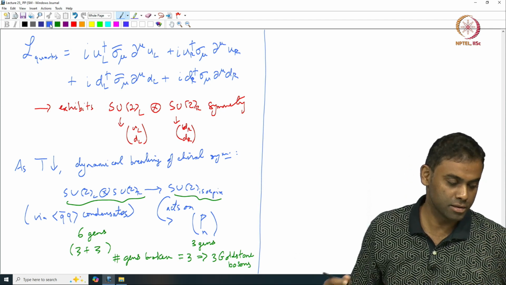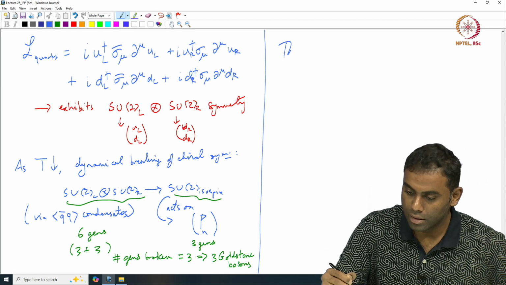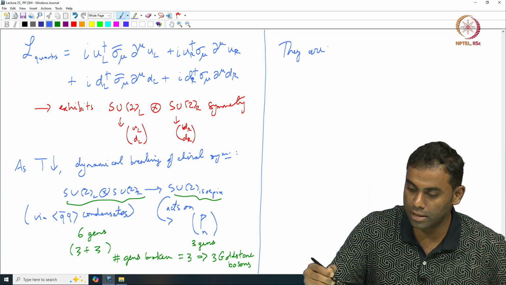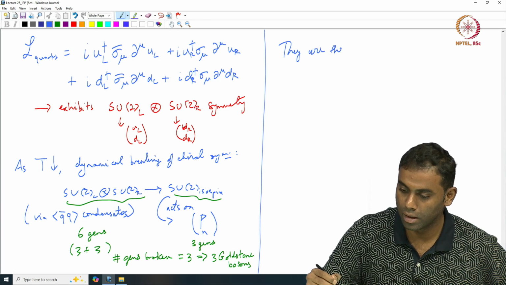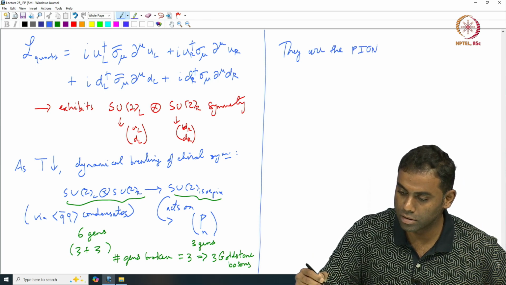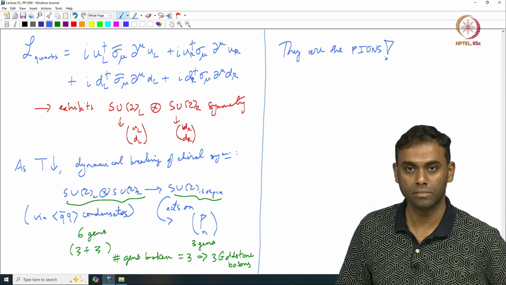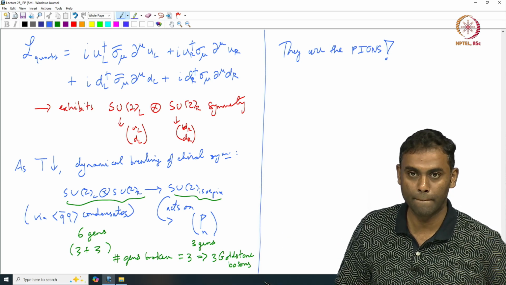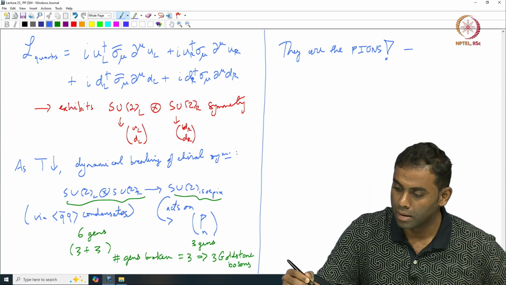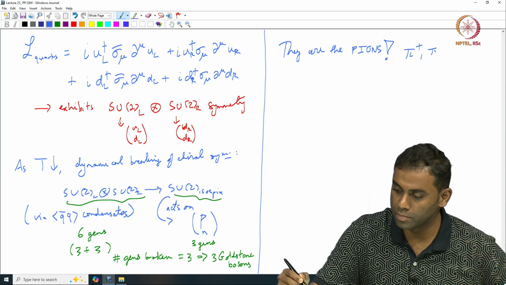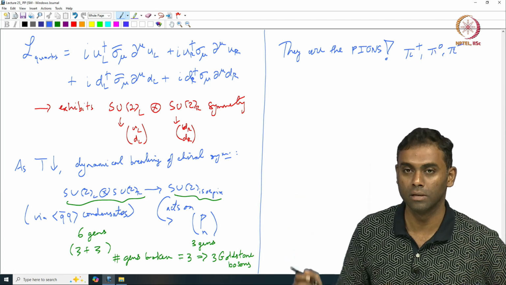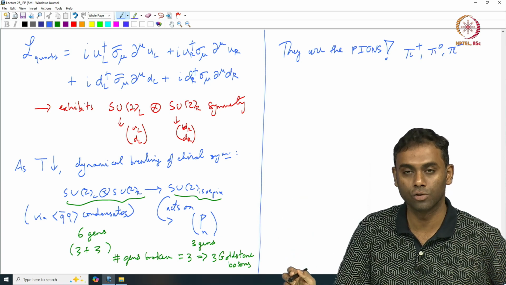The answer is they are exactly the pions. Okay. Remember the pi plus, pi 0 and pi minus, that is exactly what these 3 Goldstone bosons are.